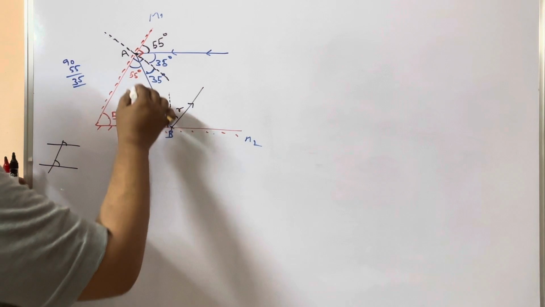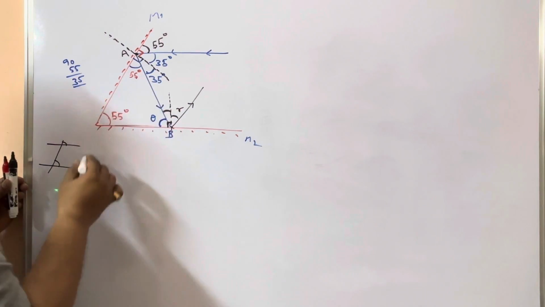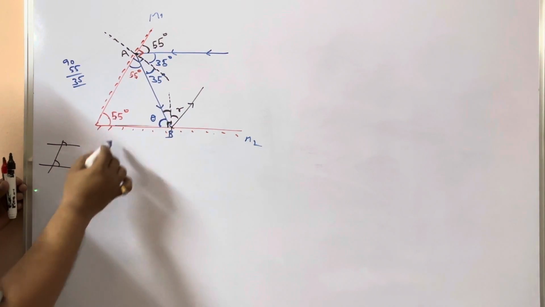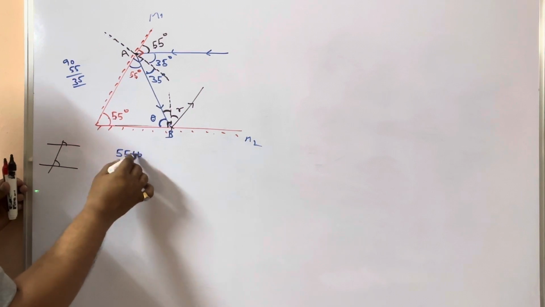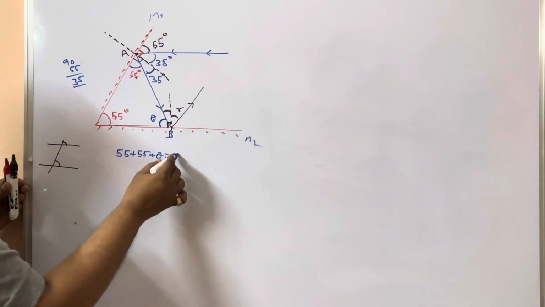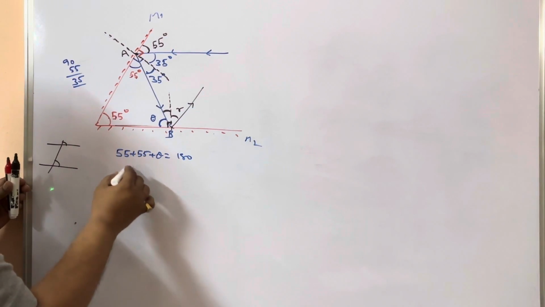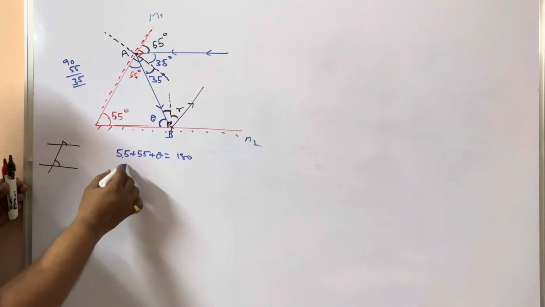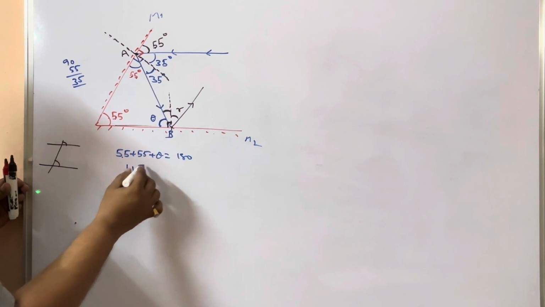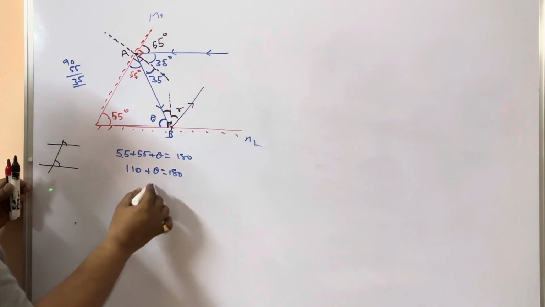Therefore, you should come to know this angle. So what is this angle? If you want to know, use the sum of three angles. Let us assume this is theta. 55 plus 55 plus theta should be equal to 180 degrees, the sum of three angles, not 90. Then 55 plus 55 is 110. Correct? 110 plus theta is 180 degrees.